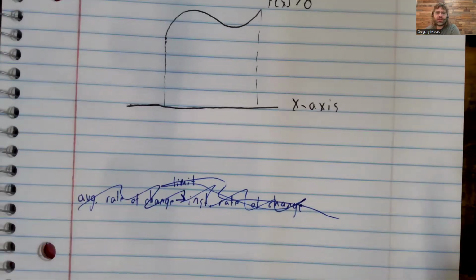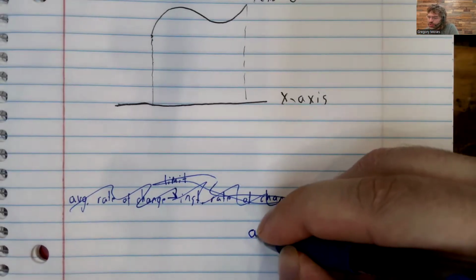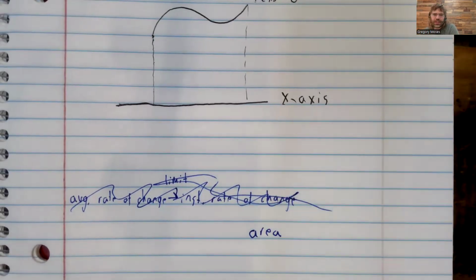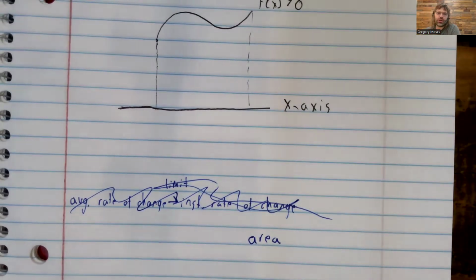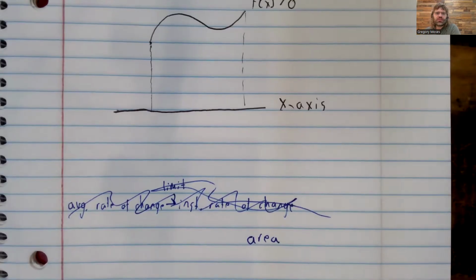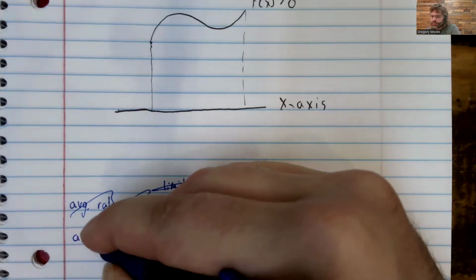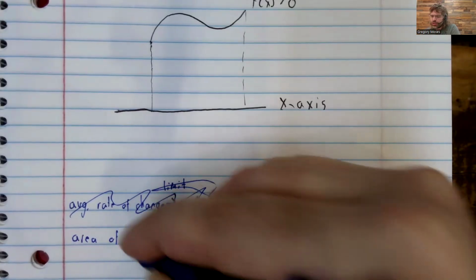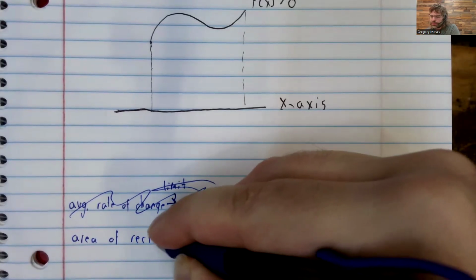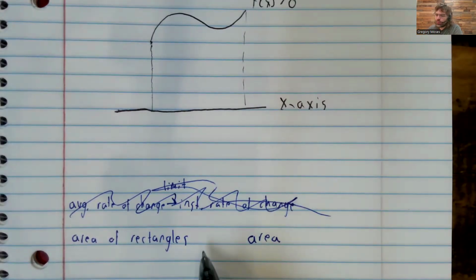It's the same concept here. What we want is the area under this curve. We can't find that easily, but something that we can find easily is the area of rectangles.